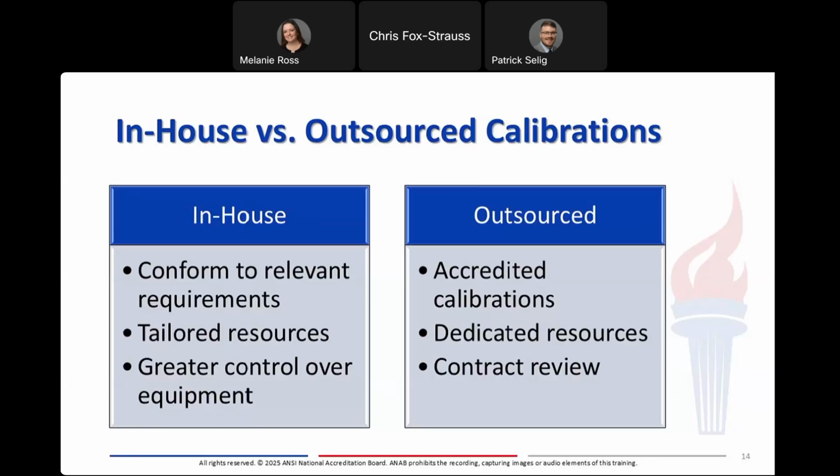Calibration service providers have dedicated resources that are trained and capable of meeting the requirements of the 17025 standard. An important aspect of outsourced calibrations is contract review to ensure the calibrations that you are purchasing from the calibration service provider are what you expect and what your organization needs for the requirements of your testing methods.